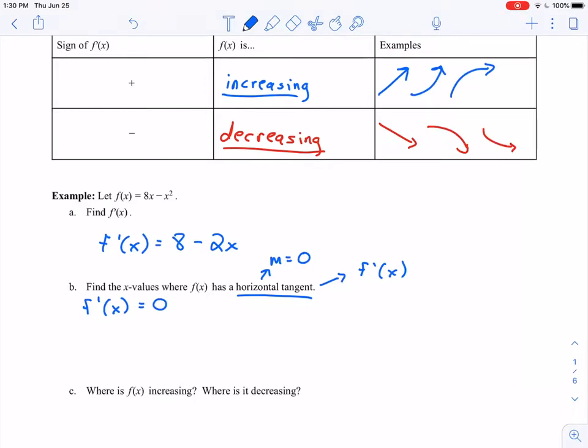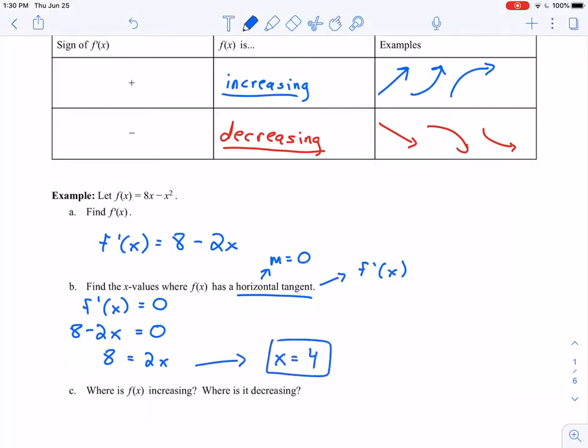So my derivative from the last part, 8 minus 2x, will set that equal to 0. So 8 equals 2x. Means that x is equal to 4. So at x equals 4, we have a horizontal tangent line. Let's just rewrite that so it's a little bit easier to see. At x equals 4, I have a horizontal tangent line.